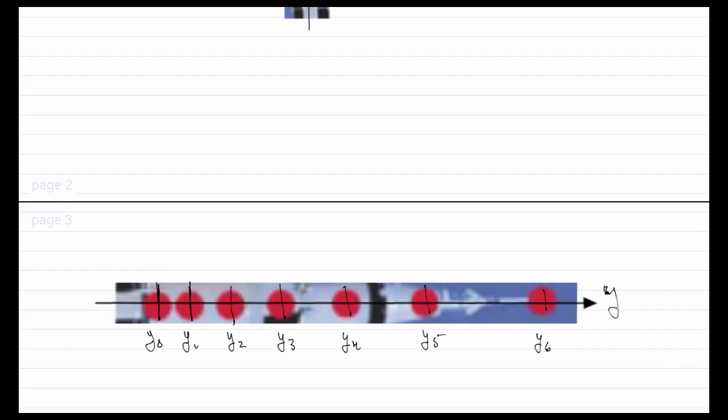And the time intervals are all the same. So initially we're at t equals 0, and then t equals 0.5 seconds, then t equals 1 second, t equals 1.5 seconds, t equals 2 seconds, and so on. There.